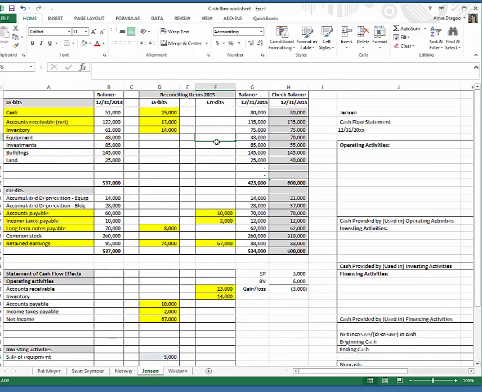First, we'll credit equipment for the original cost of $10,000. Next, I'll debit accumulated depreciation for the $4,000 of accumulated depreciation on that equipment. Lastly, I will include the loss of $3,000 as an addition to the operating section.